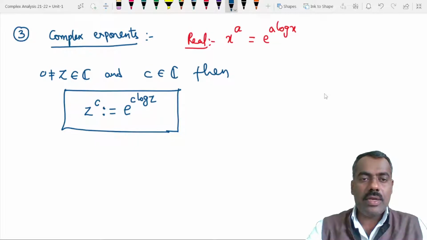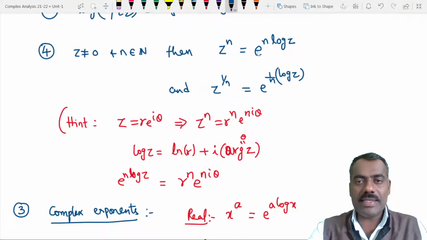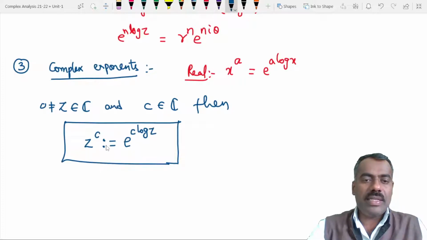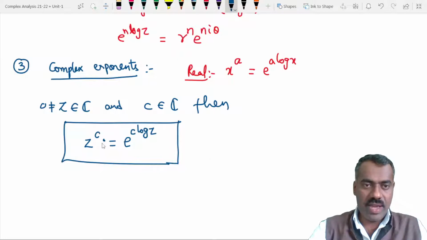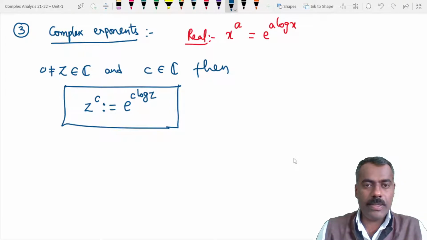Okay. Now you can see here already for n, where n is a natural number, Z power n, we can easily verify is e power n times log Z, right? But this is true for any complex number, and they are called exponents of this Z. Z power C is e power C times log Z. Okay.